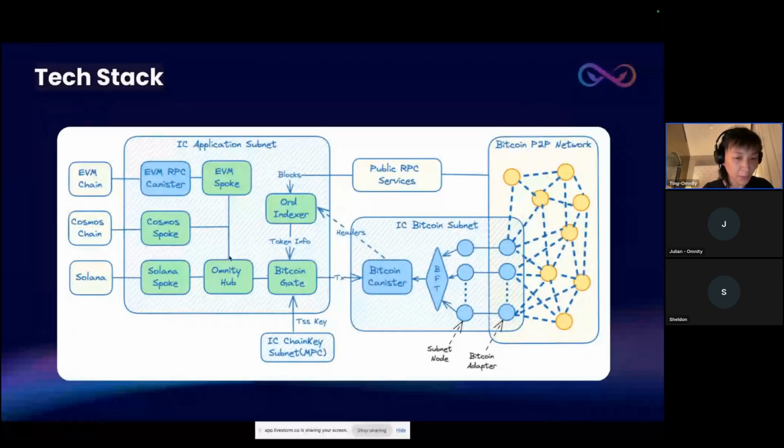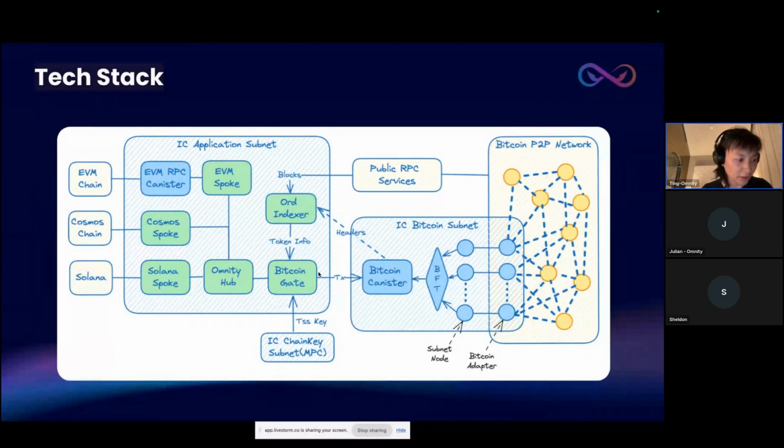In Omnity's design, the smart contract signs the cross-chain message, and the target chain contract authenticates it by checking the signature. And the Omnity Hub is the connection between the execution chain and the Bitcoin gate. And this Bitcoin gate is connected to the Bitcoin canister.